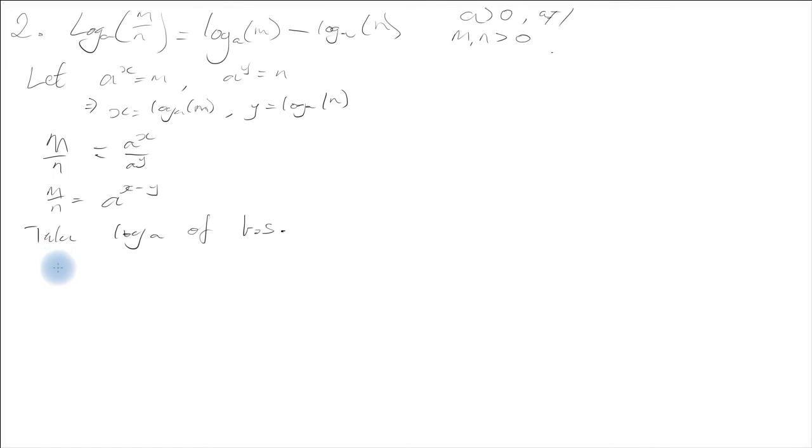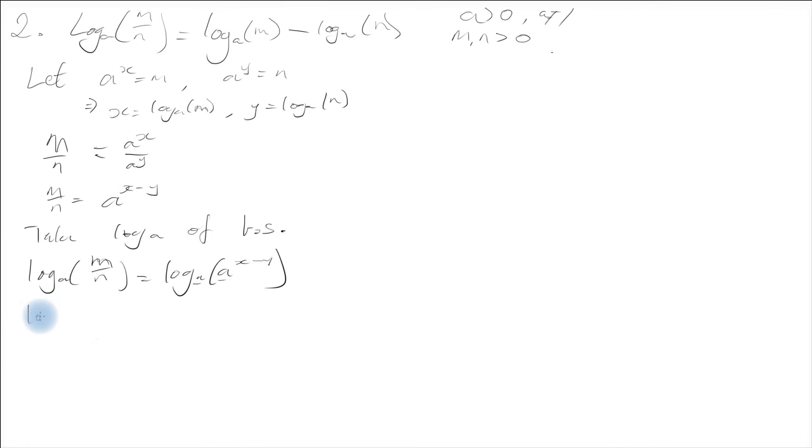Alright, so now we've got log a of m on n equals log a of a^(x minus y). Now here we've got a log and an exponential with the same base going on, and so they undo each other.